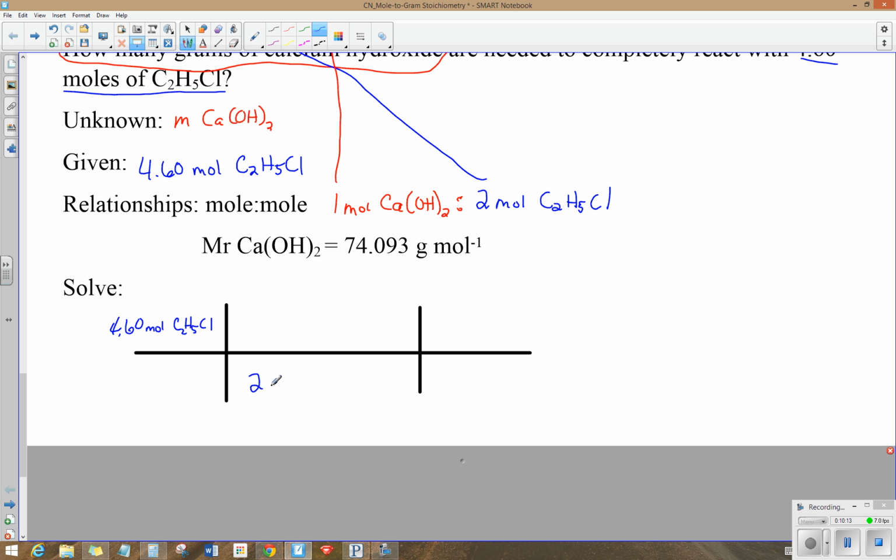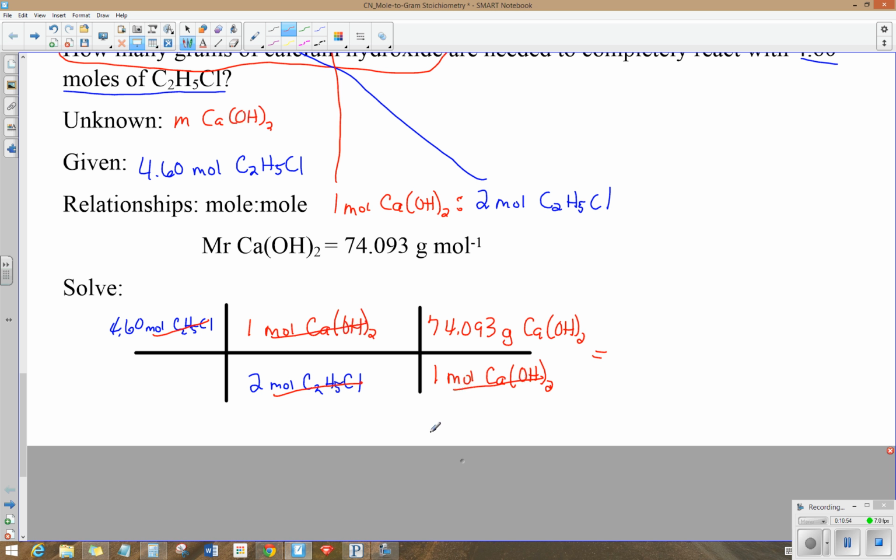Going to the mole-to-mole ratio, 2 moles of C2H5Cl, 1 mole calcium hydroxide, and then going to our molar mass, 1 mole calcium hydroxide is 74.093 grams calcium hydroxide. And then just to double check, moles of C2H5Cl, those cancel. Moles of calcium hydroxide, they cancel.